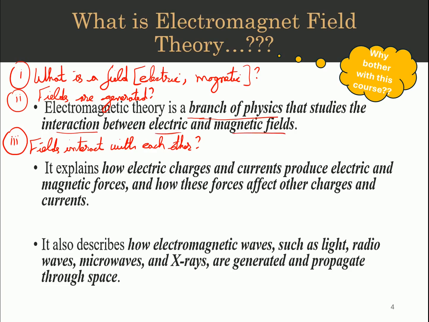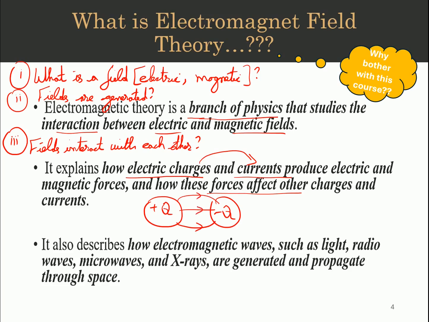Second, we are going to understand at the atomic level how the charges, which in turn generate the currents, are going to produce forces, and how these forces are going to affect each other if, let's say, one charge is present and we introduce another charge in its vicinity. So how these charges are going to interact with each other, and how the current is going to flow from one charge to the other and vice versa.